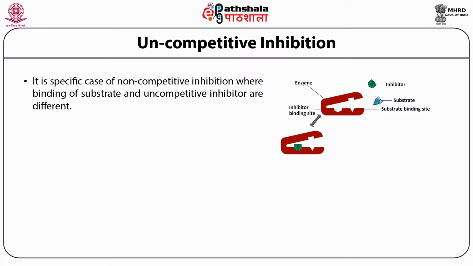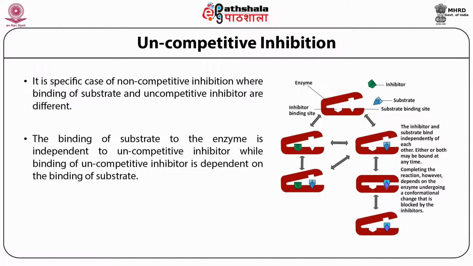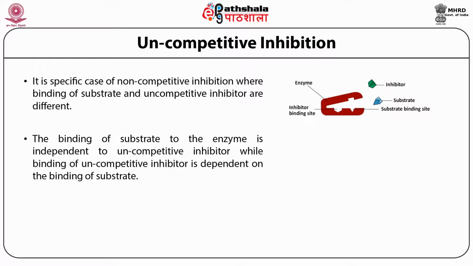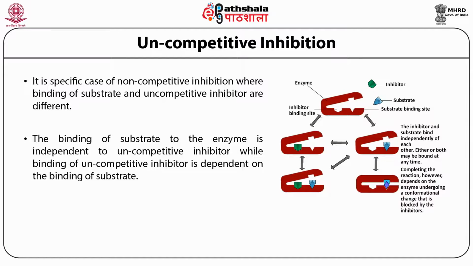Therefore, you can say that the binding of uncompetitive inhibitor and substrate are dependent on each other, but the dependency is one-sided. For example, the uncompetitive inhibitor will only bind when the substrate is there on the active site, but the substrate will bind even when we don't have the uncompetitive inhibitor on the active site.